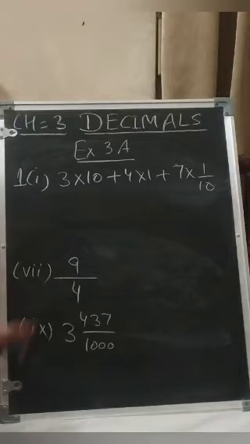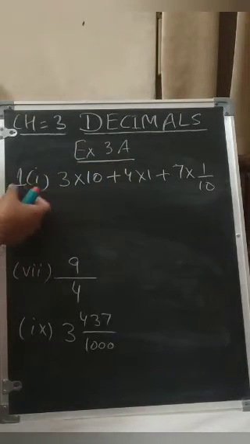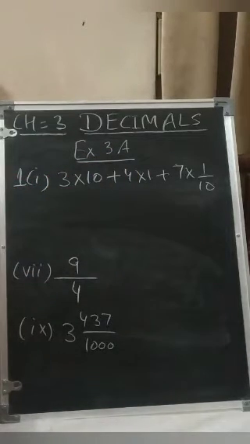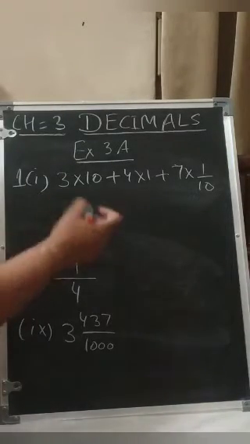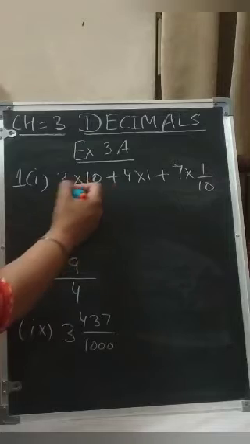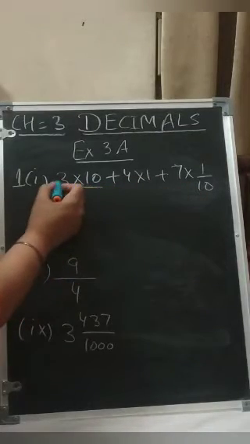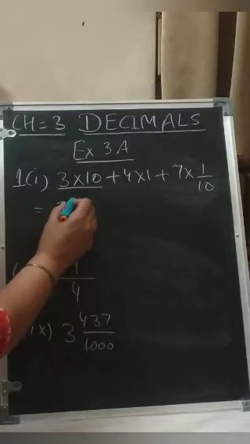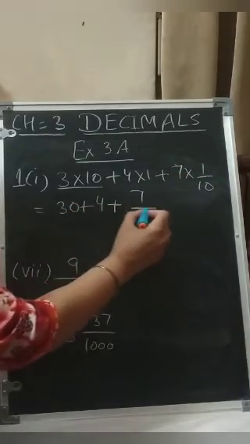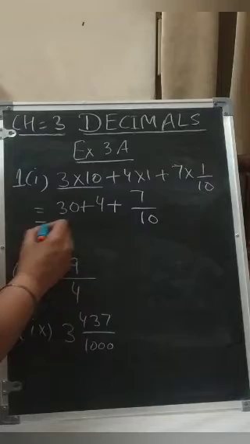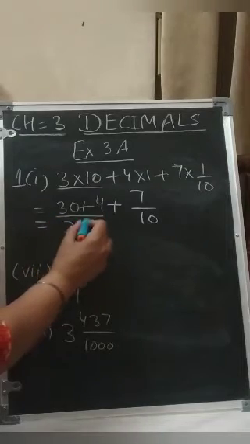So you can see in your book exercise 3A, our first question, express the following as decimals. So we have to change into decimals. This is our first part. Now we will solve it. It will be 30 plus 4 plus 7 over 10. 30 plus 4 means 34.